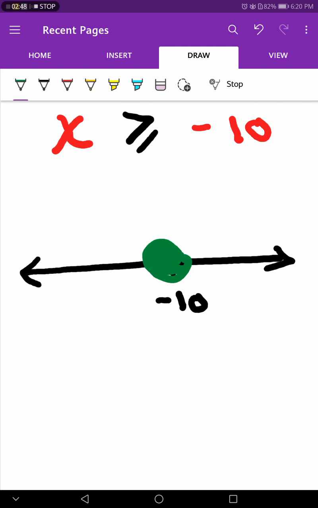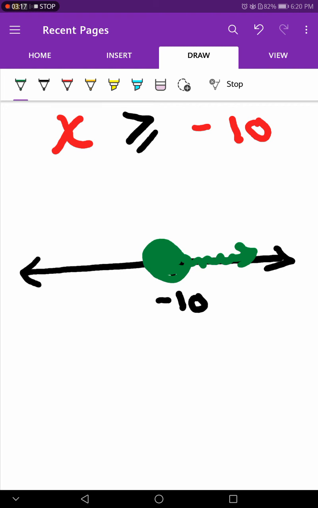And greater, I agreed with my students, that if it is greater, we have to move to the right. And if it is less, move to the left. Less, left; greater, right. So all the solutions of this inequality are located on the right of the negative 10.